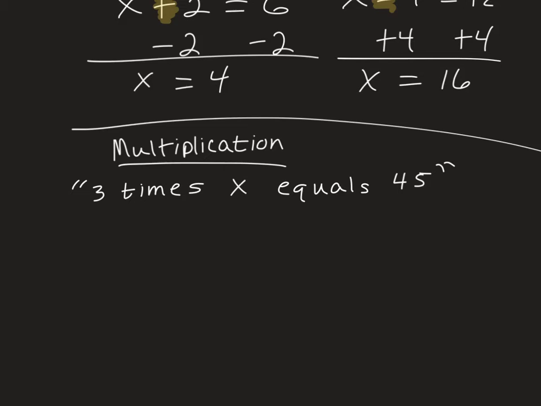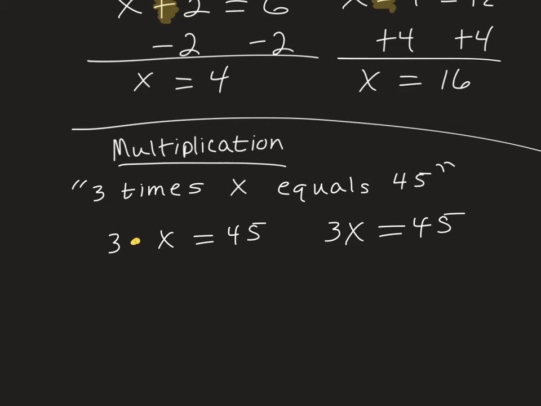So here are some ways that we can represent 3 times x equals 45. One way, instead of using the x, is that we use a dot to represent multiplication. So this is one way of saying 3 times x equals 45. Another way is just by putting the variable and the number right next to each other.